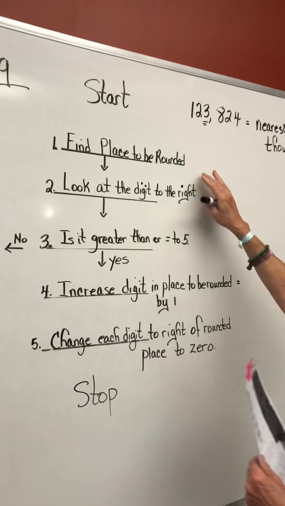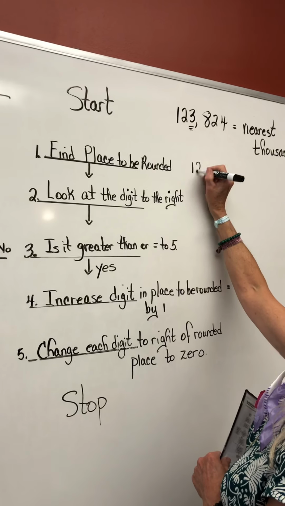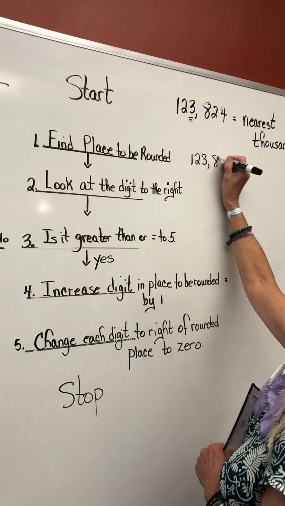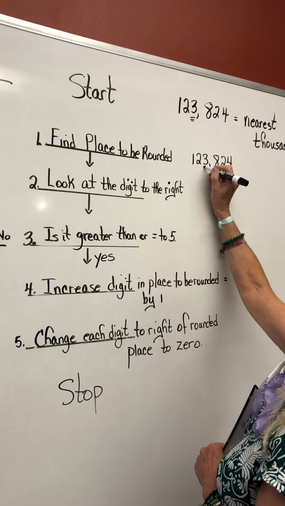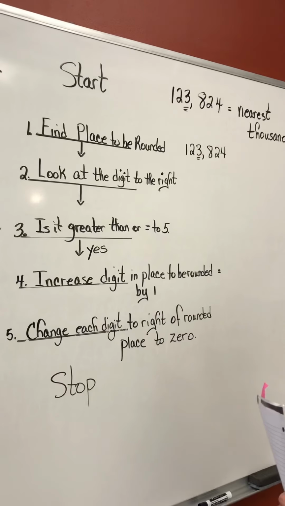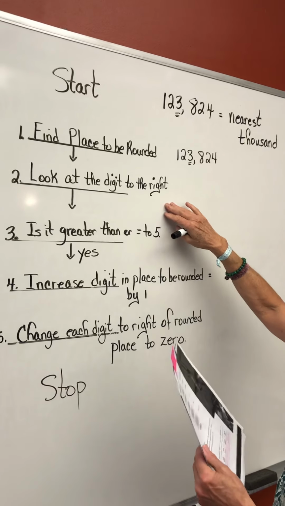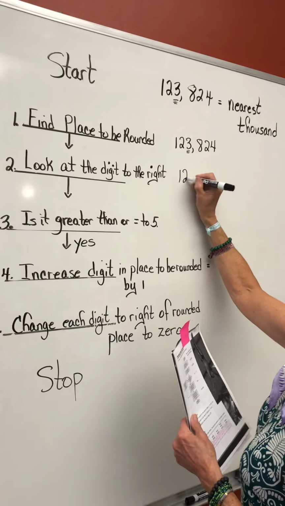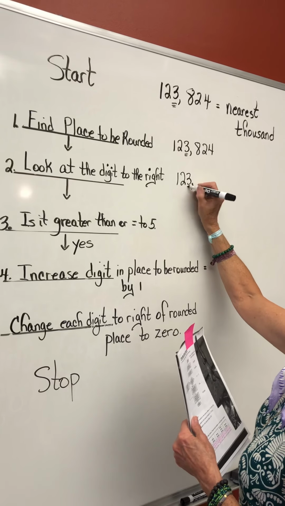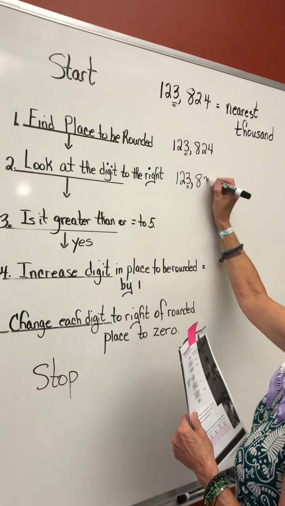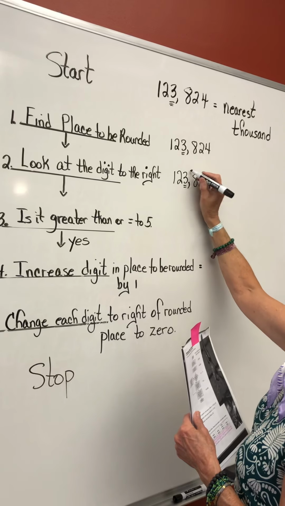So it says find the place to be rounded. So I'm going to rewrite it here and just underline that 3,000, right? Look at the digit to the right. So now I'm looking at the digit to the right is 800, okay?